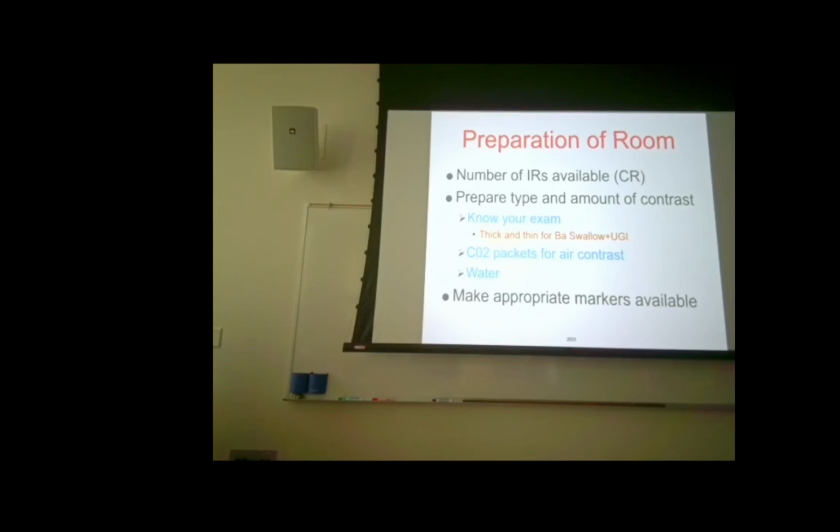Like, for example, if you're doing an upper GI small bowel series, they want differentiation between those images. So you may put an ESO marker on esophagram, UGI on upper GI, and then your small bowel follow through are going to be timed. So it's going to be like 15 minutes, 30 minutes, 1 hour, things like that. So make sure that you've got all those available.